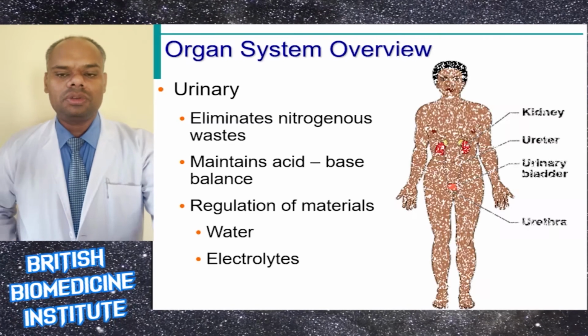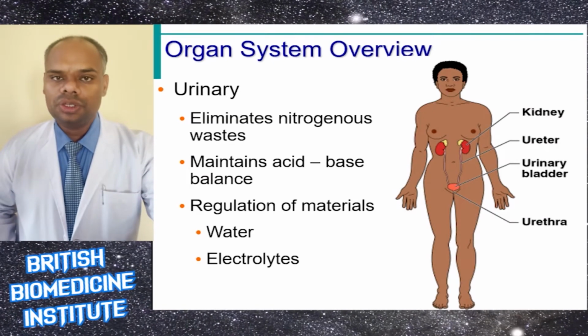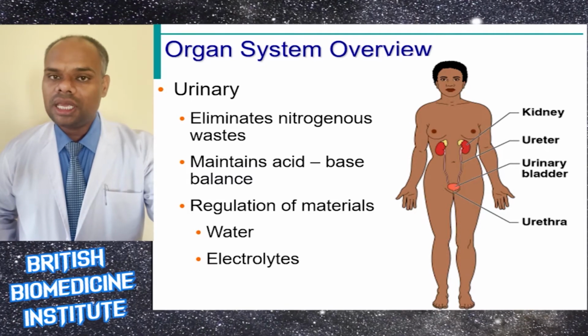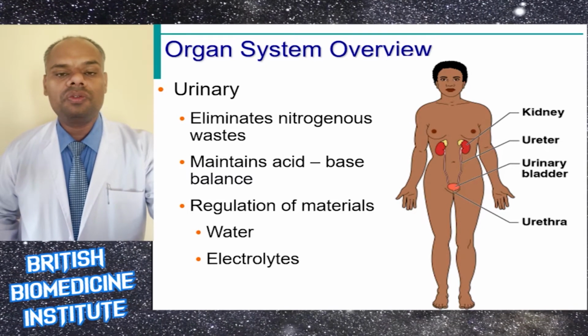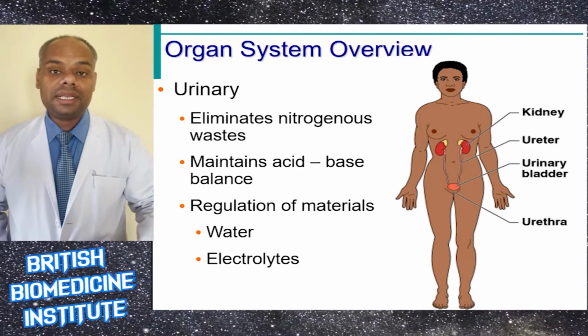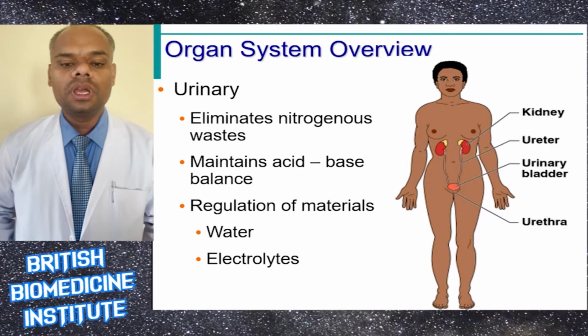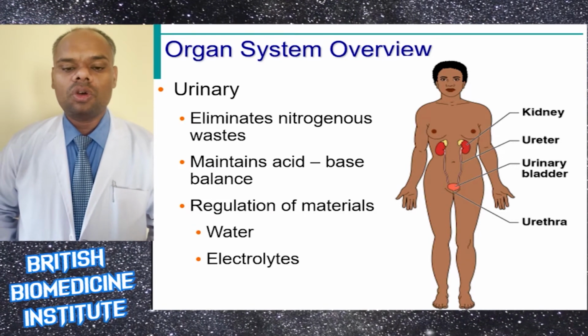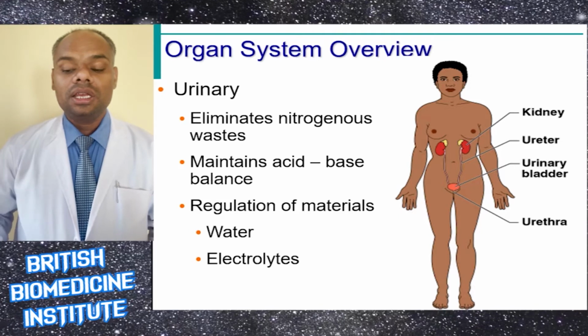The urinary system consists of the kidney, ureter, urinary bladder and urethra. It helps in elimination of nitrogenous waste, maintains acid-base balance, and also helps in regulation of minerals, water and electrolytes.